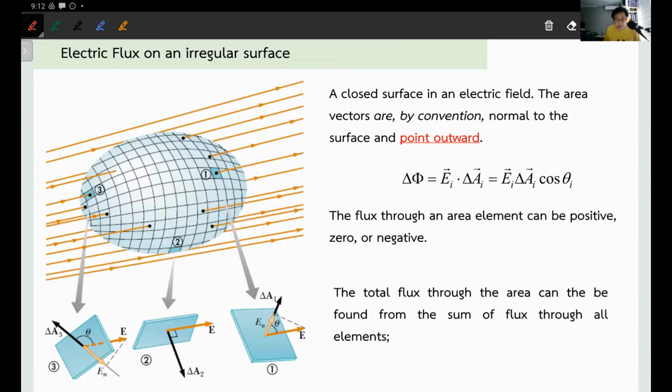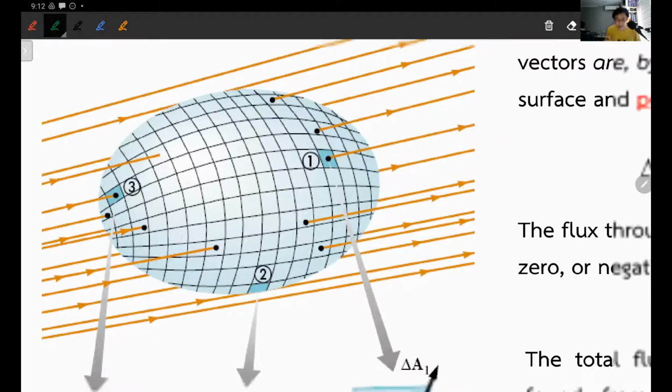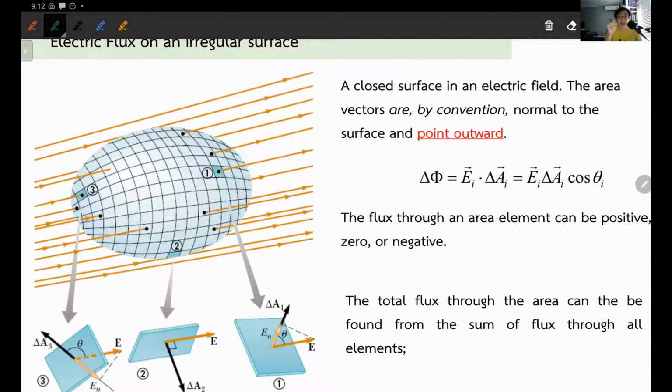Look at this one. This is exactly what I'm talking about. This is a closed surface, a balloon. There's no doubt that every time I look at a tiny portion of the surface, I can always draw a surface vector or area vector.